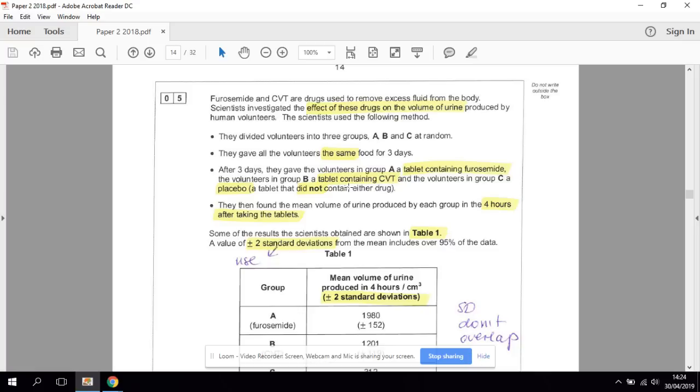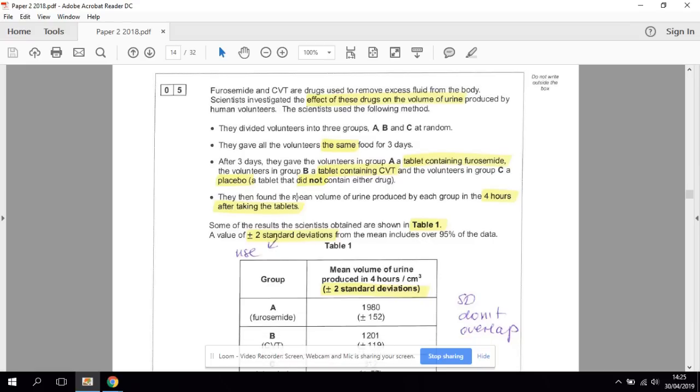And then you've got 3 groups of people here, A, B, and C. We've got information here on what they were actually given. Group A a tablet, group B a different tablet, and group C was given the placebo, so a tablet that did not contain any of the drugs. And there was an investigation taking place.